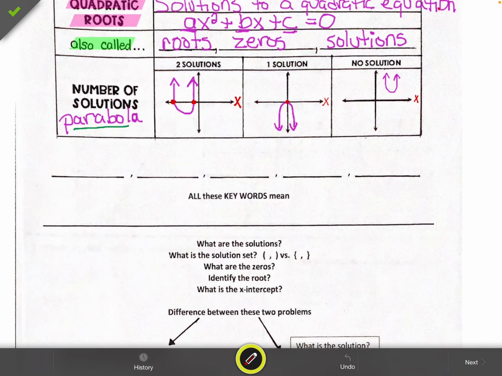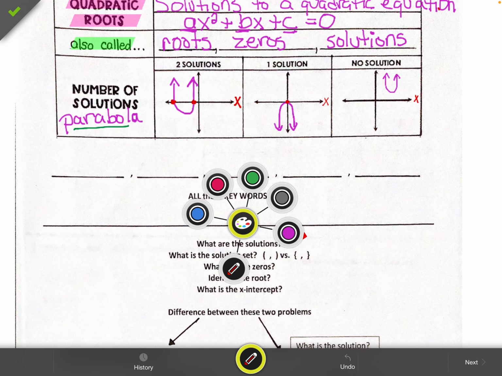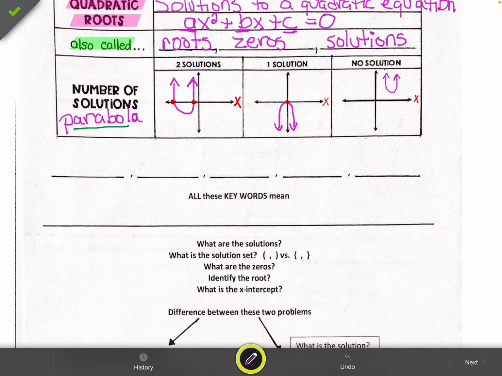So there are lots of ways they can ask you this. So here are some of the ways. The first way, they could, of course, say, what are the roots? Okay, so we already looked at that at the top. They also could say, find the zeros.